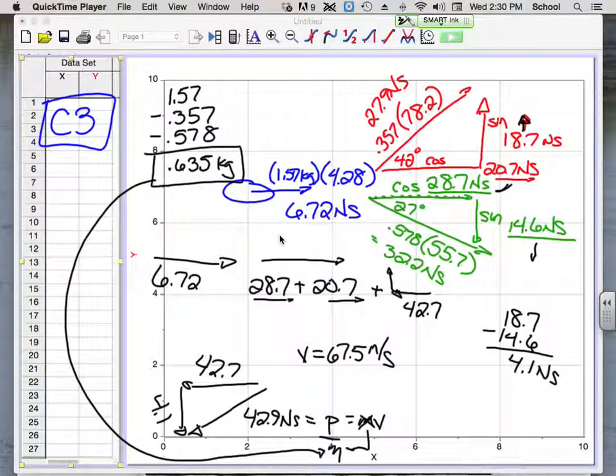It was going backwards, but we have to figure out that angle. To find the angle, we always want to use inverse tangent.